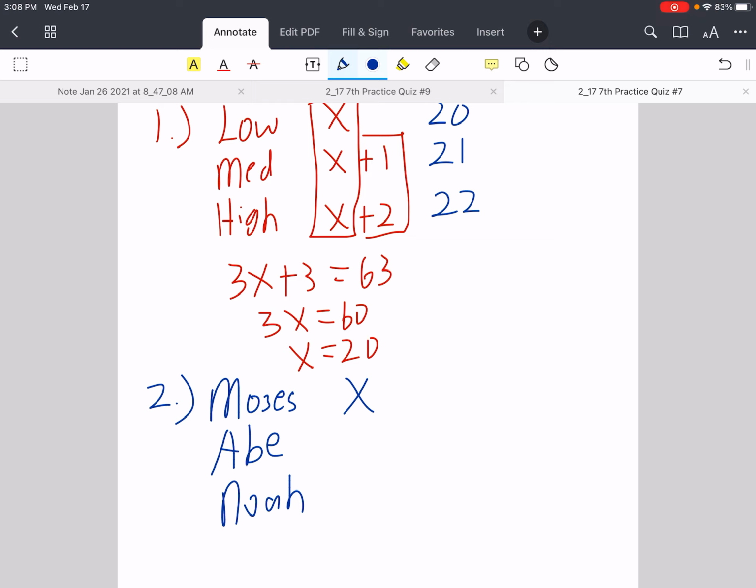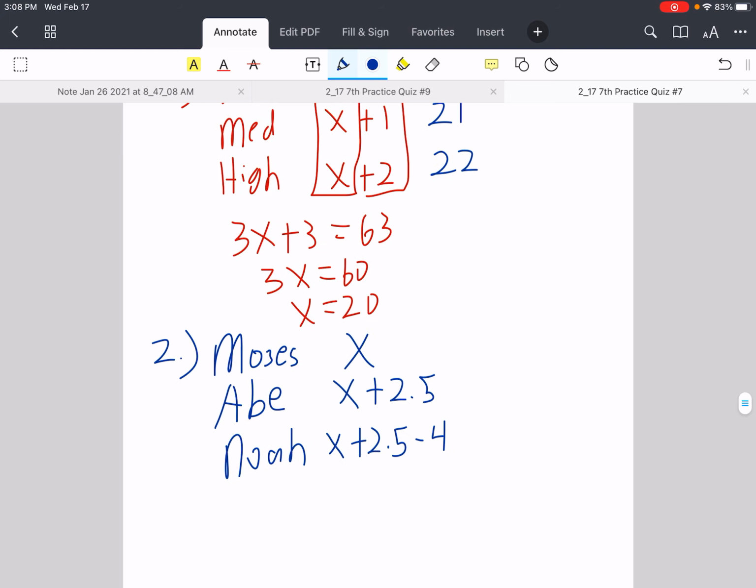Abraham has $250 more than Moses, so that's x plus 2.5. And then Noah has $4 less than Abraham. So Abraham is x plus 2.5, 4 less than that, so x plus 2.5 minus 4, and that is the same thing as x minus 1.5.